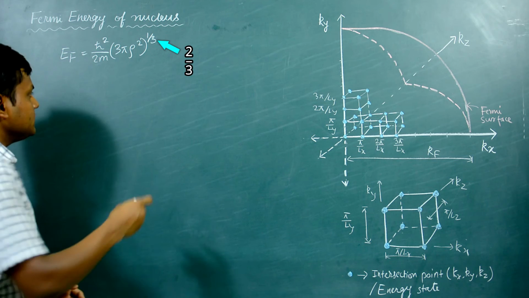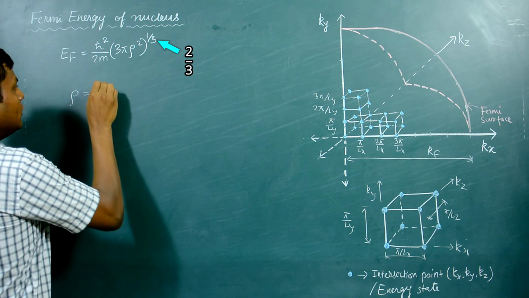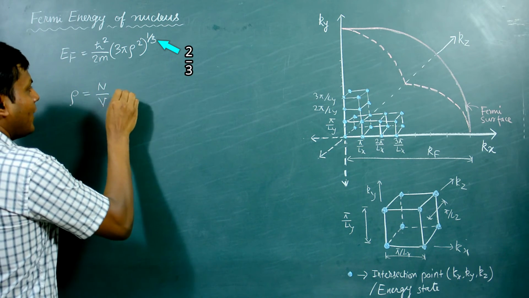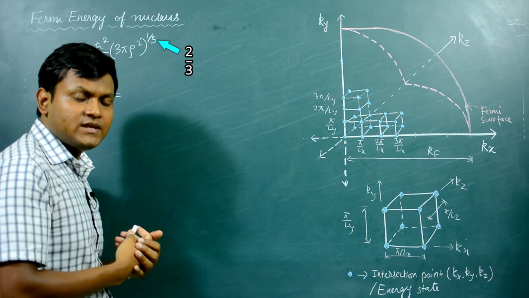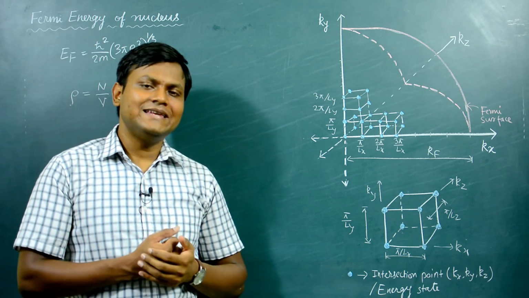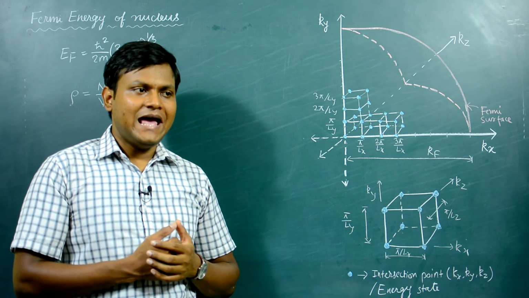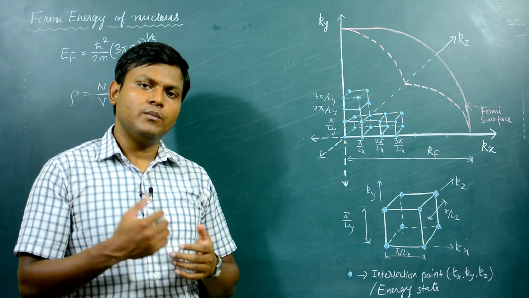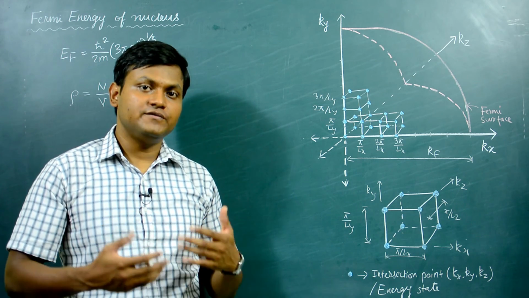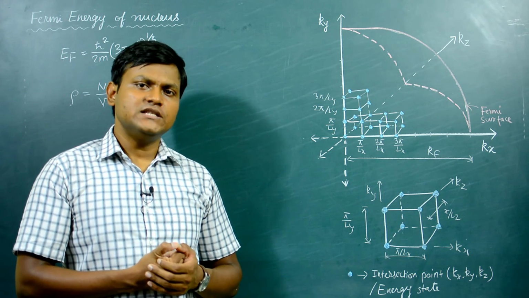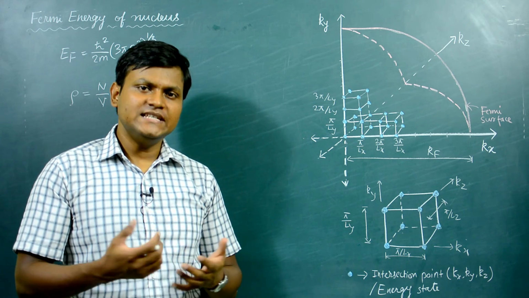which contains n number of neutrons. So to calculate the Fermi energy for neutrons, first we will just use rho is equal to n by v, where n is the number of neutrons in a given nucleus. Now usually you will find that the number of neutrons and protons follow what is known as the NZ graph, and for smaller nuclei the number of neutrons and protons are distributed 50-50. For medium sized nuclei the number of neutrons starts exceeding the number of protons.